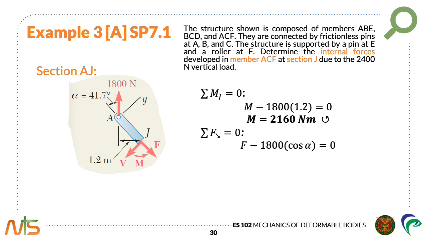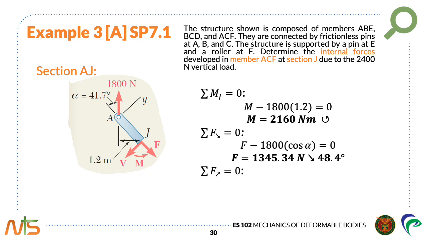So that is negative 1,800 cosine alpha. Alpha is equivalent to 41.7 degrees. And then equate it again to 0. We therefore have F equal to 1,345.34 newtons. Positive scalar, so therefore the direction is retained.